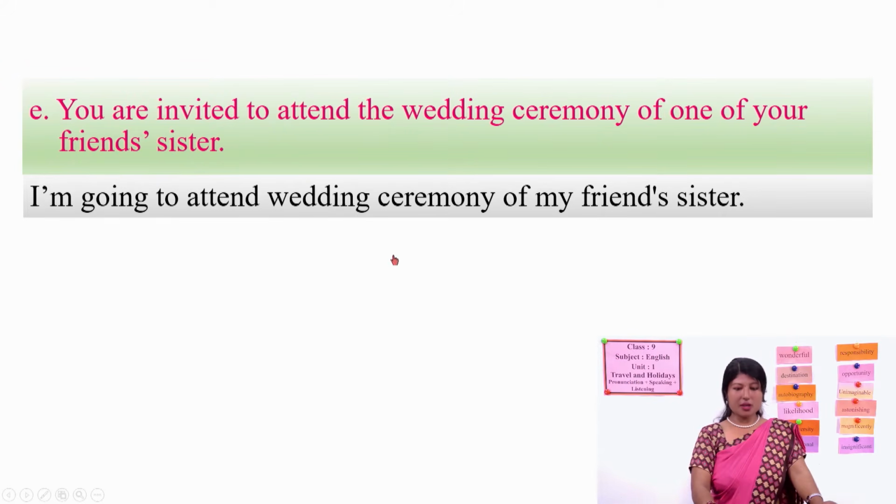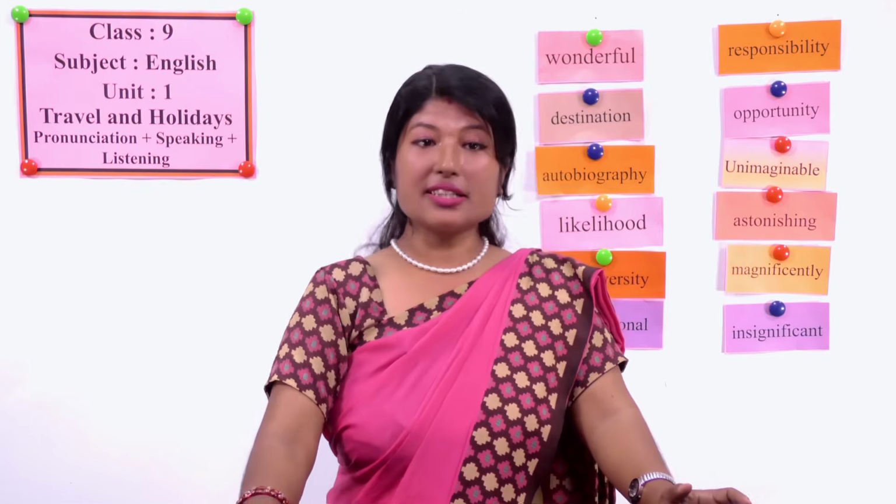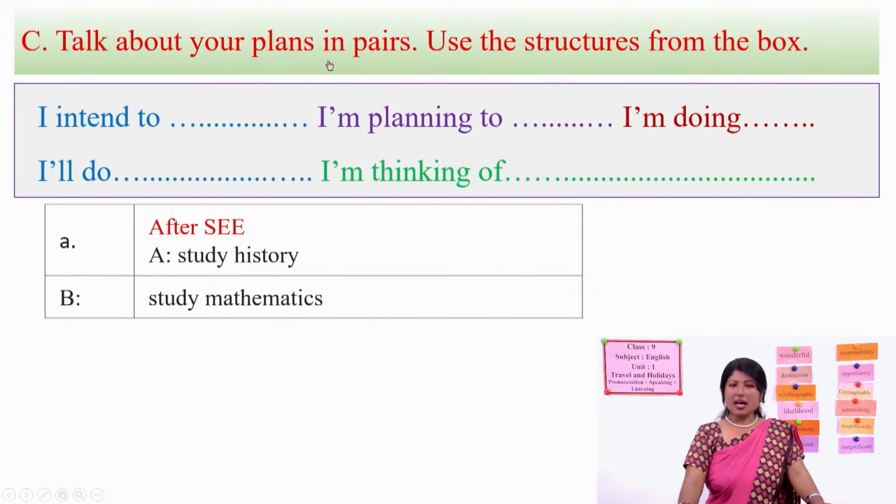Alright, now next one. Okay, the next activity is here. Look here. Talk about your plans in pairs. Use the structure from the box. So there are some more ways you can express your plan than we talked about before.